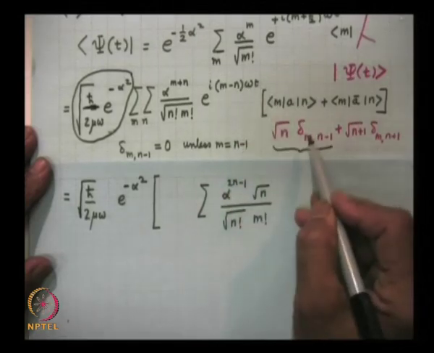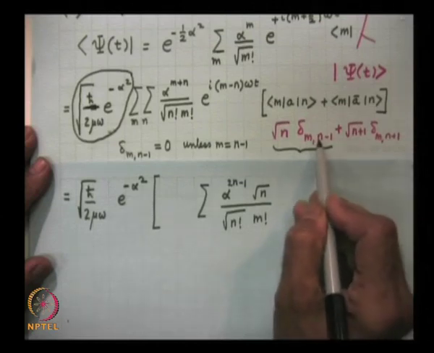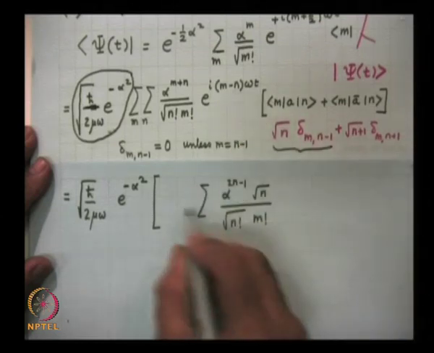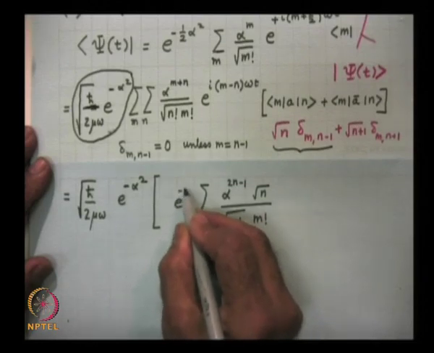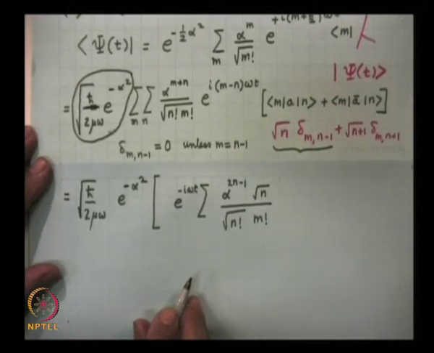M minus n will be n minus 1 minus n. So, this will be minus i omega t, and that is it.